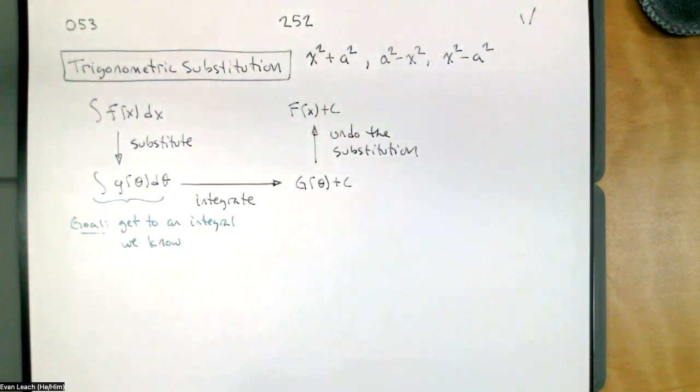Trigonometric substitution is a technique that we can apply to things with quadratic forms: x squared plus a squared, a squared minus x squared, and x squared minus a squared. These are the signifiers of a trigonometric substitution.